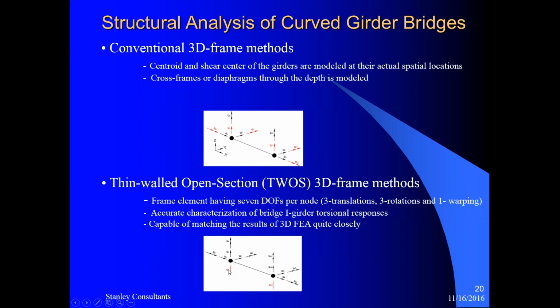Basically, it's related to the section modulus of the flanges. And these frame models are capable of matching more rigorous 3D finite element analysis quite closely, and they're quite useful.